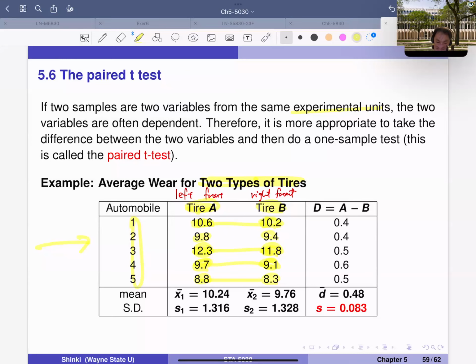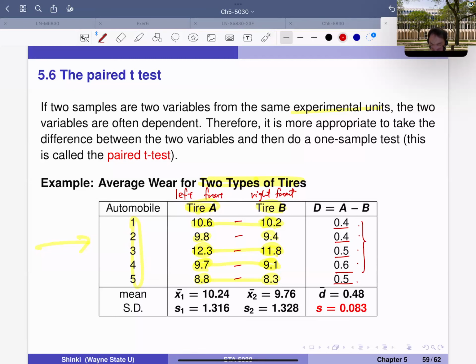So in this case, it's more appropriate to take the difference between these two numbers. Then we get 0.4, 0.4, 0.5, 0.6, and 0.5. And in this case, we can see that the tire A's wear is consistently more than tire B. So we can do actually the one sample t-test on these 5 observations.